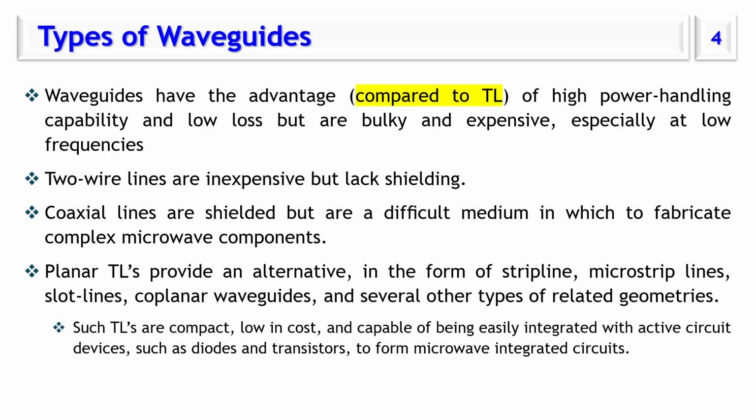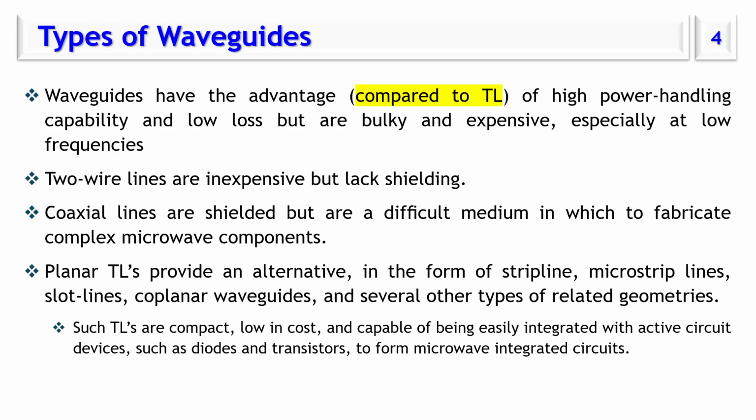While the transmission line is generally much cheaper, smaller in size and lighter. The waveguide in general is bulky and expensive, especially at lower frequency, because as we know the dimensions of the waveguide are inversely proportional to its operating frequency.